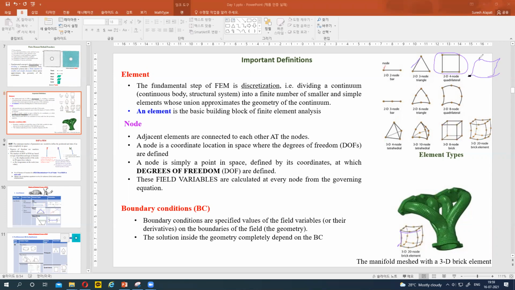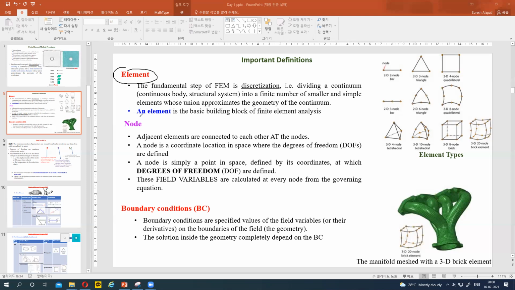The nodes are fixed: for a rectangle, 4 nodes, and this one also has 4 nodes. But this one is different. It's not a straight shape, so we call this a quadrilateral, not a rectangular element. Quadrilateral means the lines are not straight. Based on the type of body, we divide that body into a number of elements.